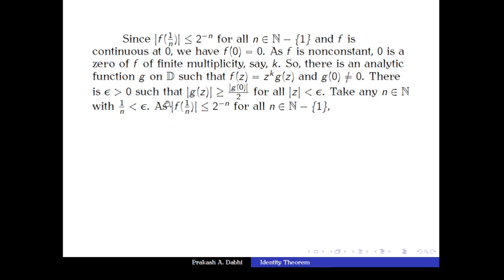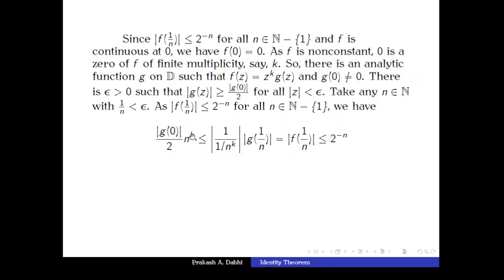And this is the condition we have assumed, so for this natural number n satisfying the condition 1/n less than epsilon, what do we get? See, |g(0)|/2 times 1/n^k is less than or equal to... as I said, |g(0)|/2 is less than |g(1/n)| by this condition, and n^k is written in this way.